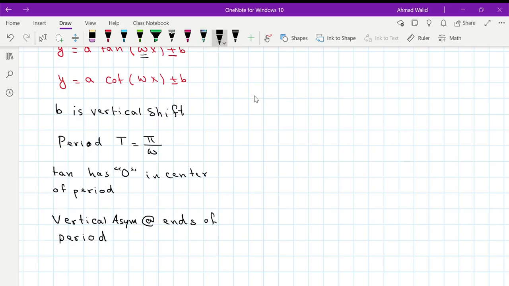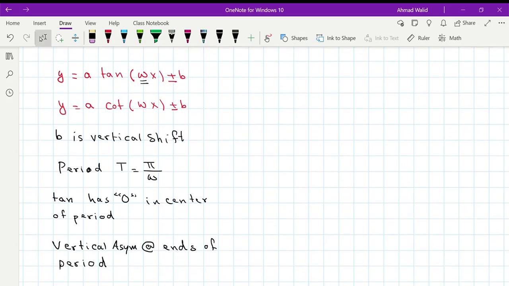Now, based on this, I'll do a few examples for you and you will see how I'm applying it step by step, and easily I can graph any tangent with the shift that I have. Let's start with example number 1. We have y equals 3 tangent x.